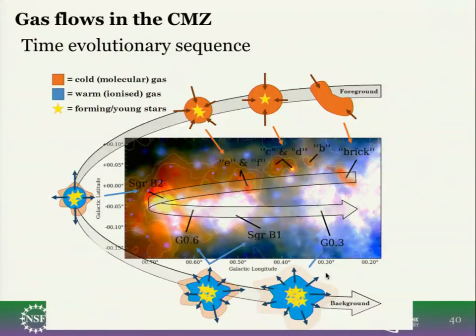And that's what I mean when I'm talking about a time evolutionary sequence, is that clouds that are associated with the same stream could represent different stages of evolution. This would be a really phenomenal result, in that pretty much when we're observing in the galactic center, you really just get a snapshot of what it's doing at the moment.